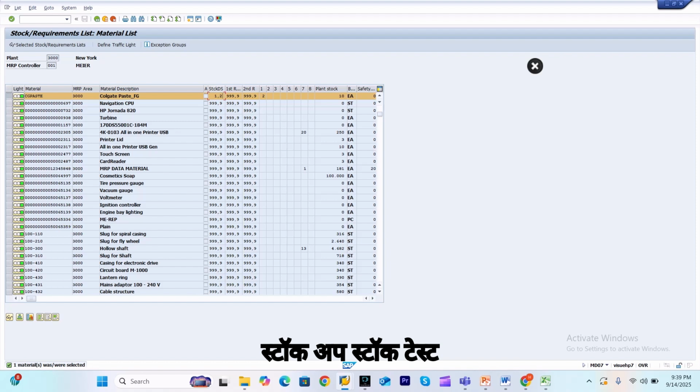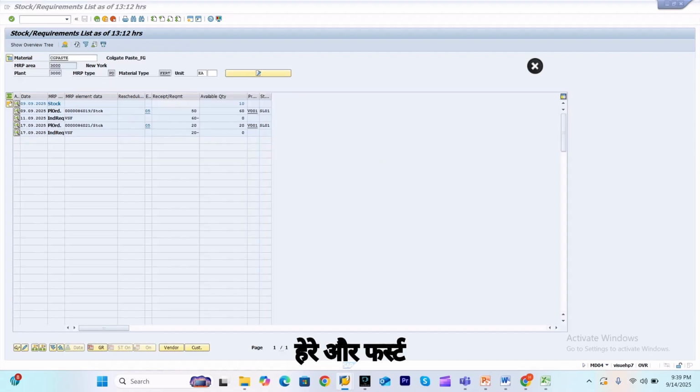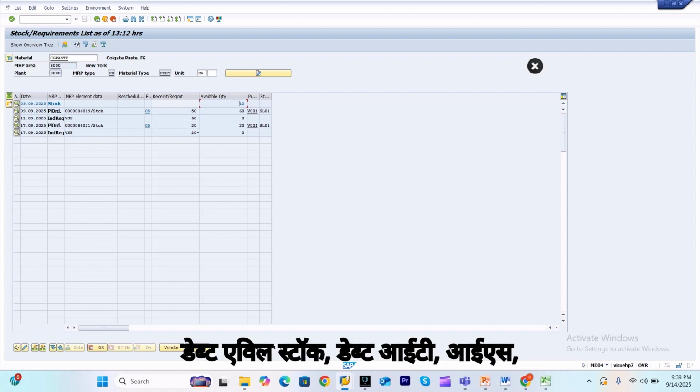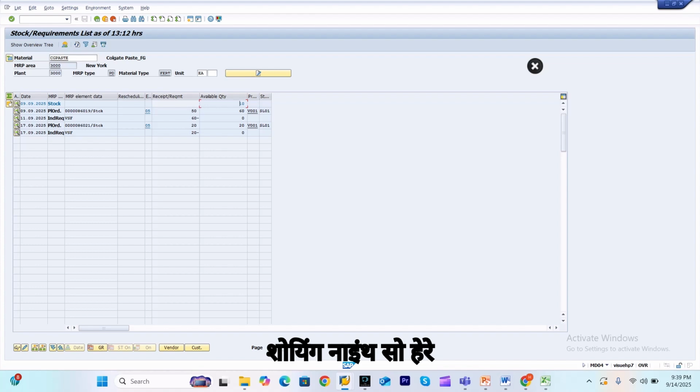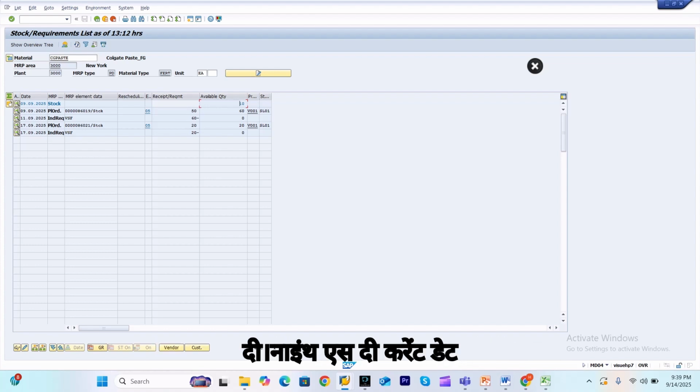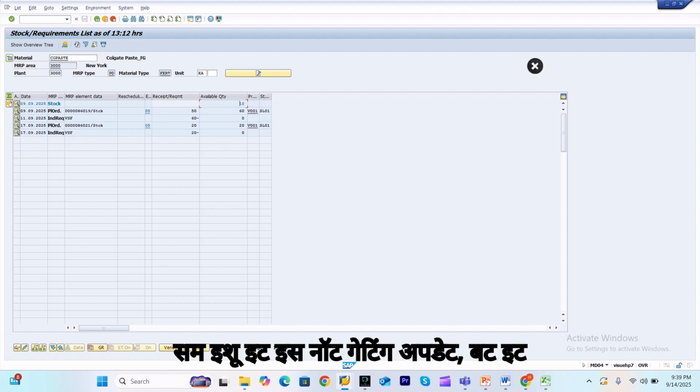So stock days of supply is 1.2, because our first requirement is on the 11th and the available stock date is showing the 9th. In my system it is taking the 9th as the current date; some issue, it is not getting updated.